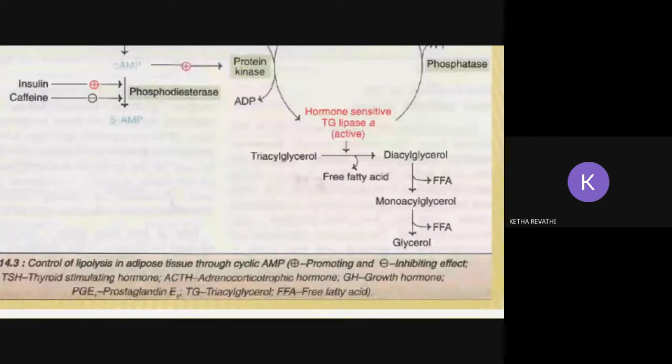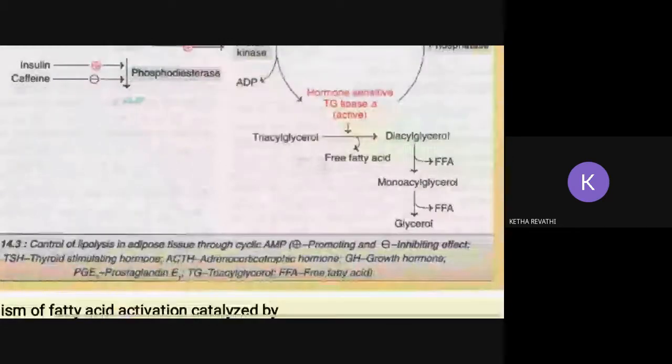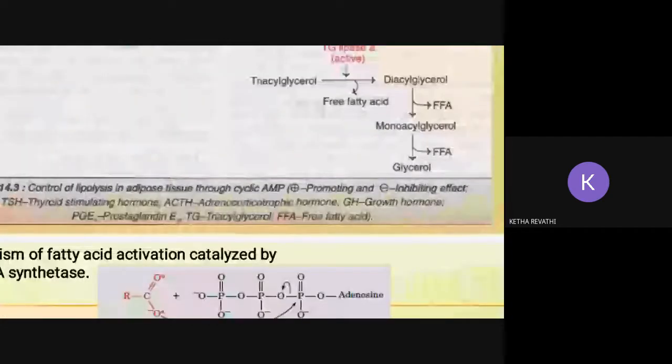Triacylglycerol undergoes hydrolysis by the enzyme triacylglycerol lipase, or simply lipase, to form free fatty acid plus diacylglycerol. Diacylglycerol breaks down into free fatty acid plus monoacylglycerol. Monoacylglycerol breaks down into free fatty acid plus glycerol. In this way, triacylglycerol breaks down into three free fatty acids plus glycerol.